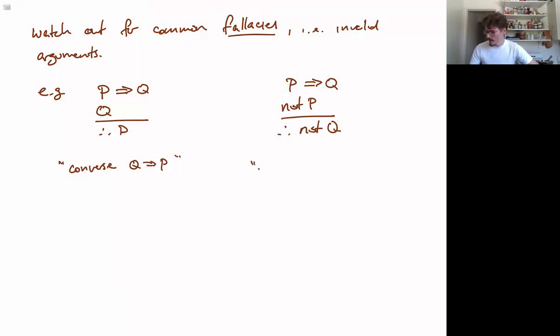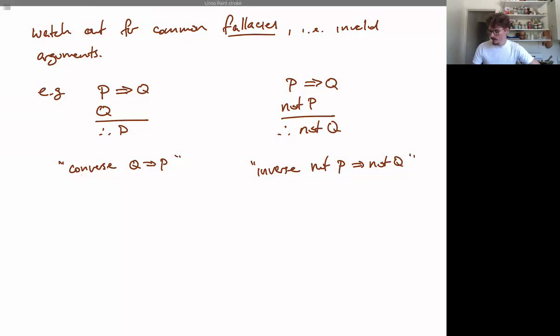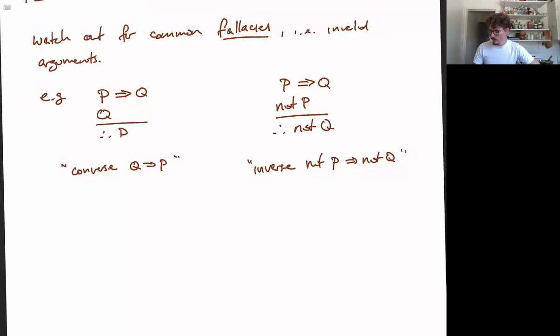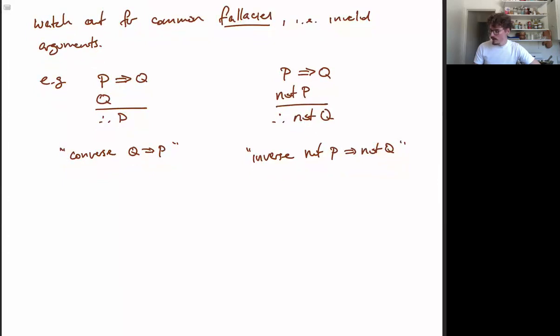So this is more like the inverse. What you want to use here is the inverse, not P implies not Q, but again, the converse and the inverse are not equivalent to this thing. So these are invalid.